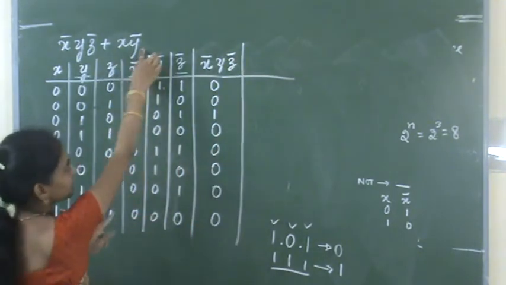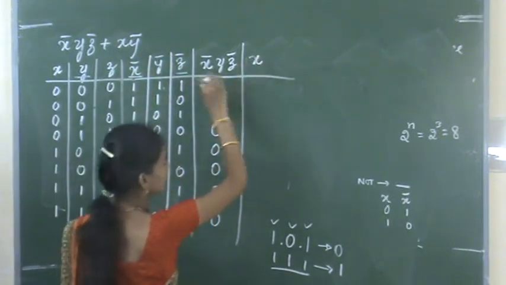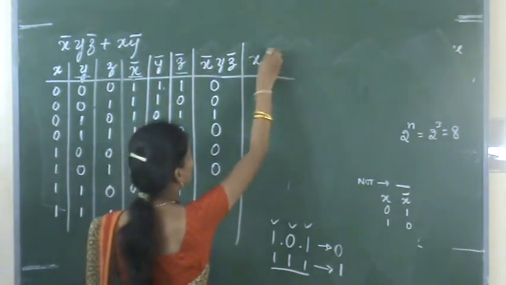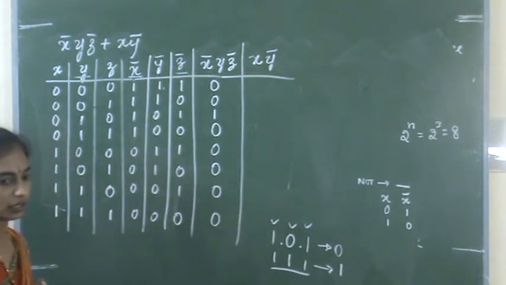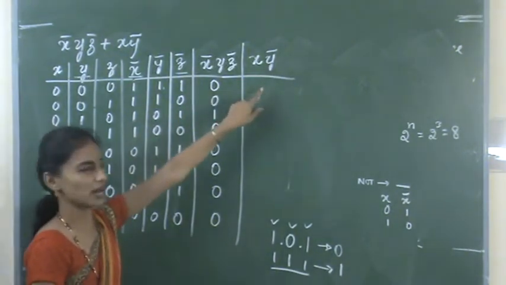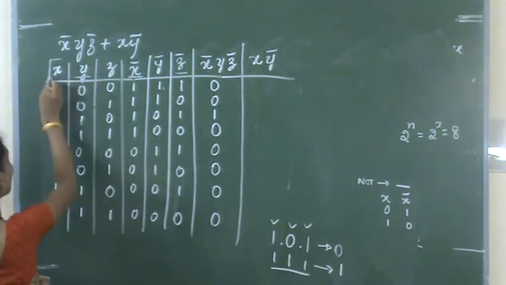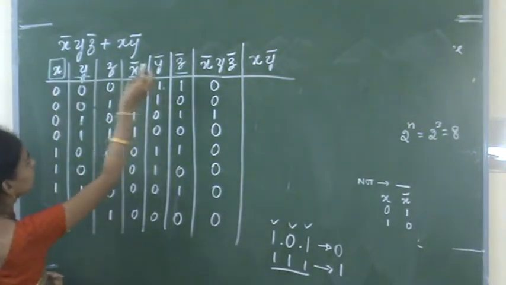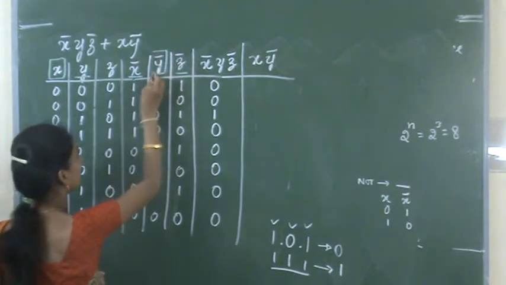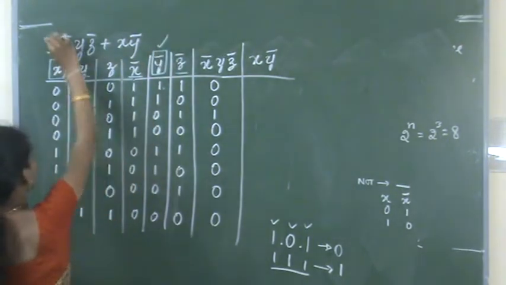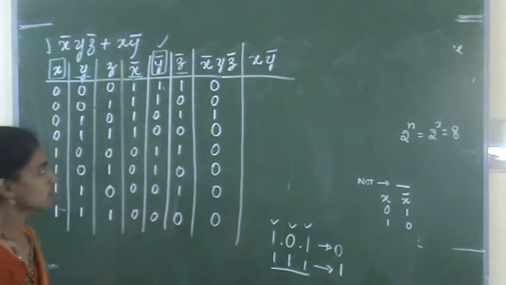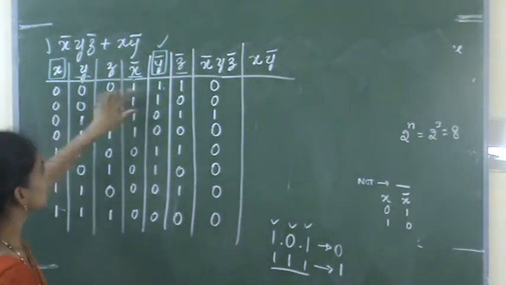Now go for another equation, that is, another value y, z bar, right? X, y bar. So now you have to take this x value and then x bar value. Okay, now you have to take these 2 values. Now compare 0, 1.